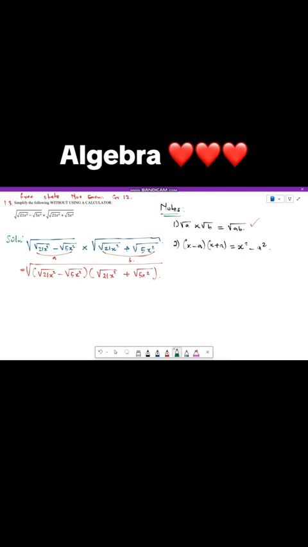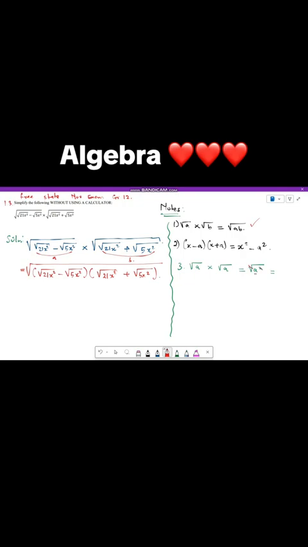Then I'm going to put the third note there. The third note is that the square root of a times the square root of a is nothing but the square root of a squared. And we all know that the square root of a square is the inner quantity, the base.